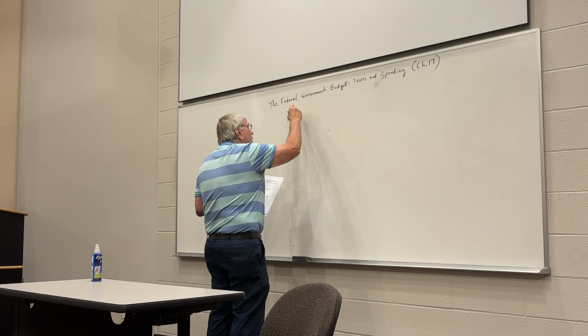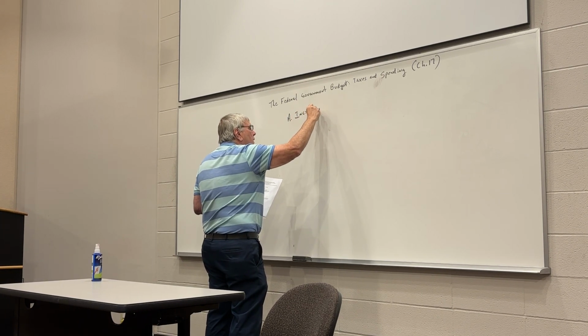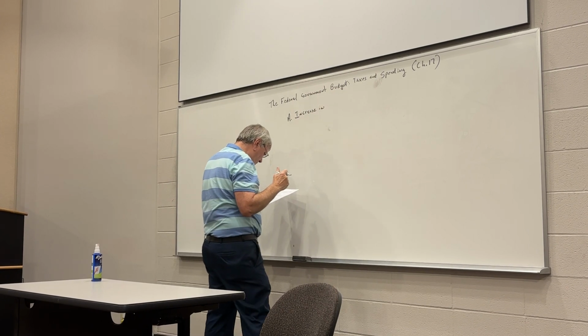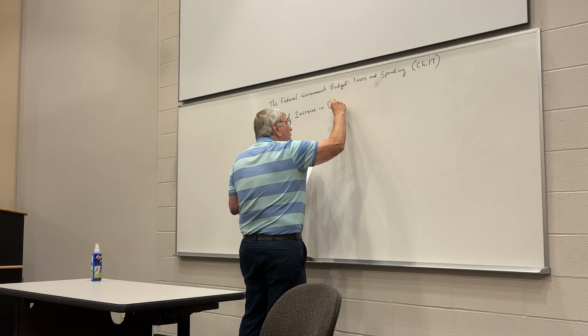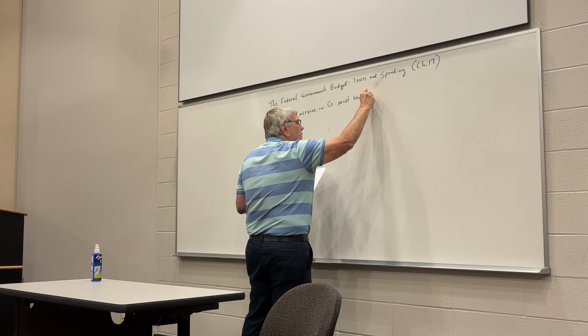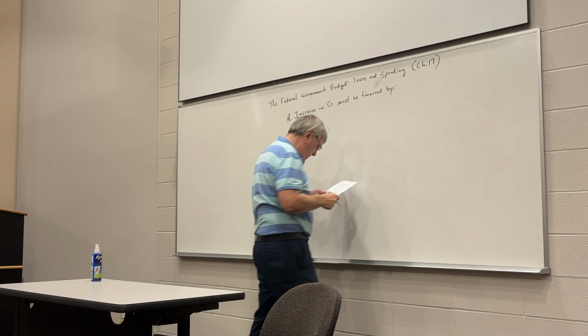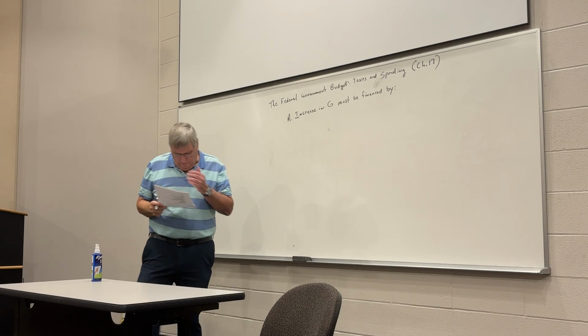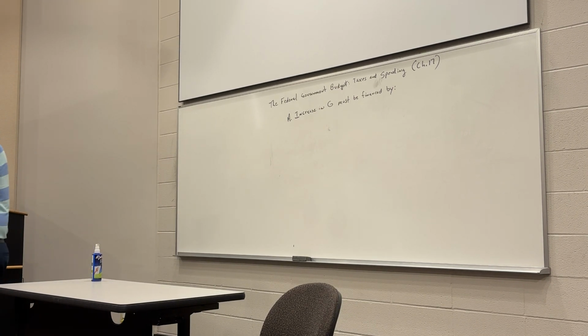So to spend money or increase G, it must be financed by what? How can the government get money to spend?